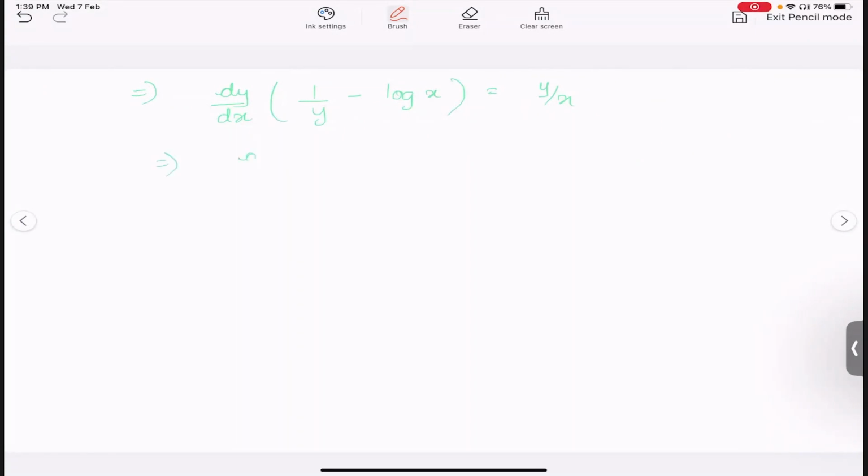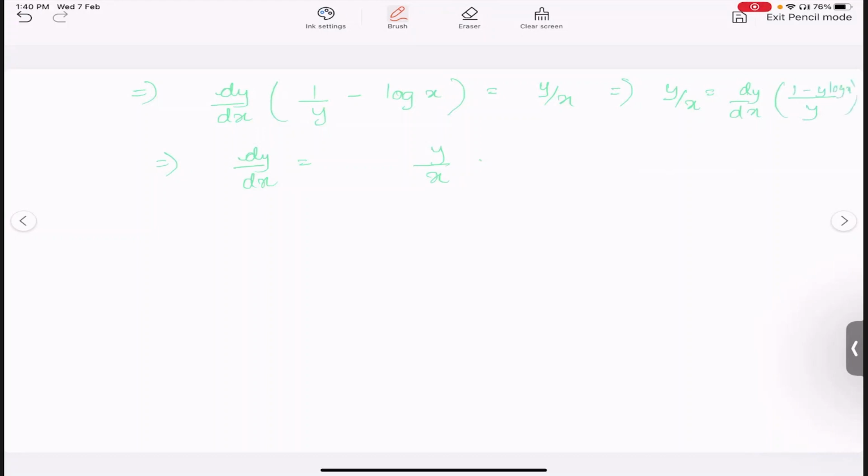So dy by dx will be equal to y by x times (1 by y minus log of x) to the power minus 1. This can be written as dy by dx, taking the denominator y times log of x.